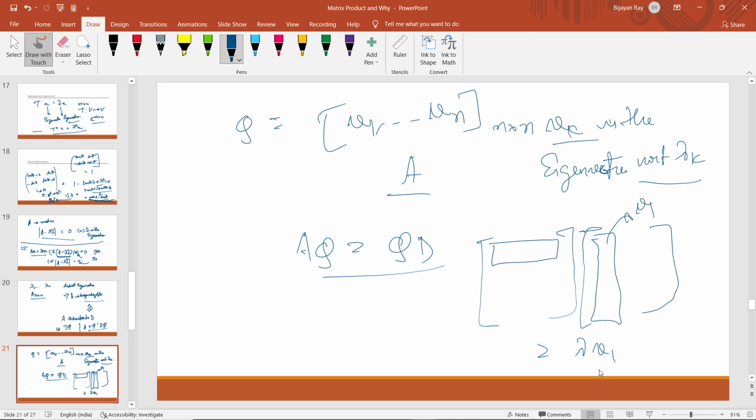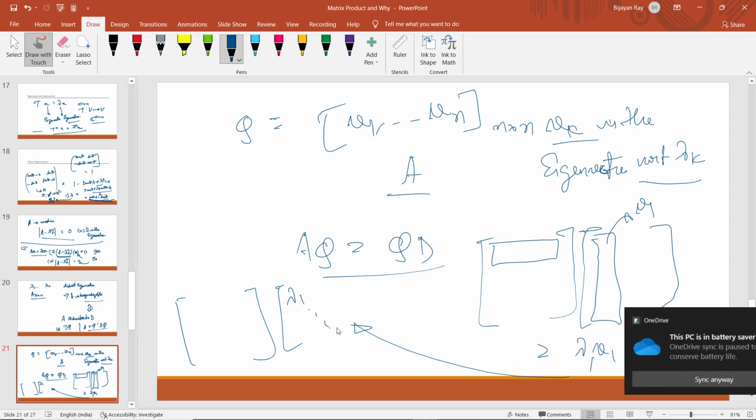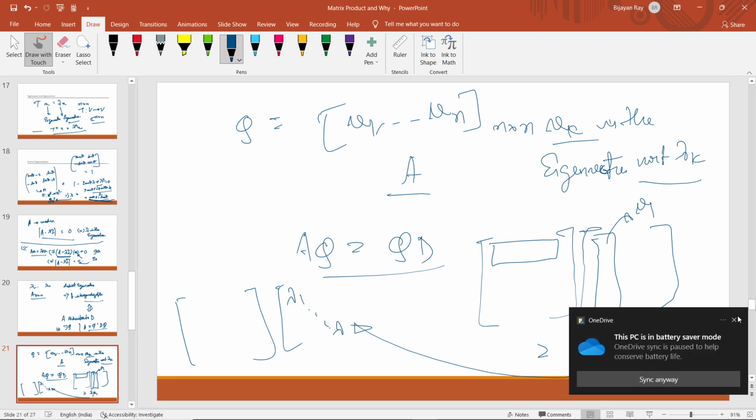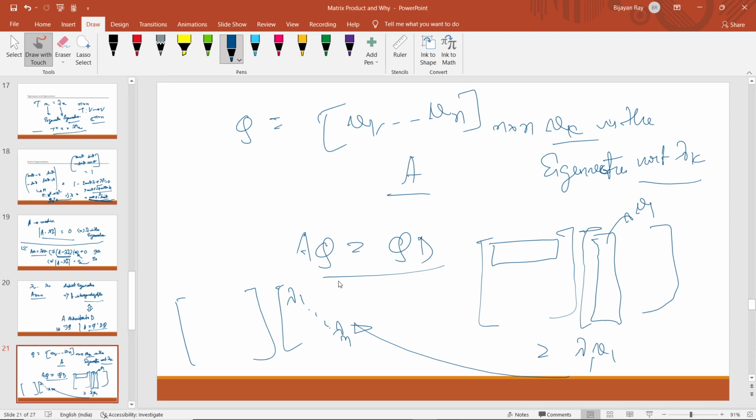So that's basically again lambda 1 times V1, the V1 vector.